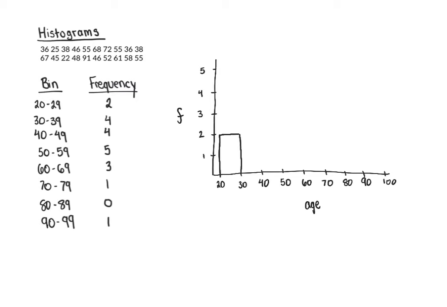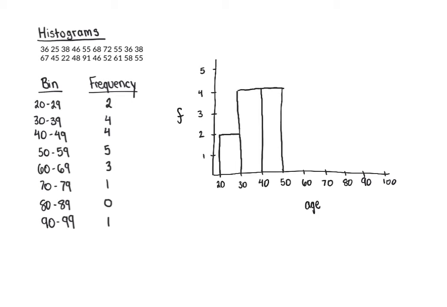What's very important to note about a histogram is that each bar must touch bars on either side, unless, of course, there's a 0 at that point, which we'll see in this graph. Let's go to the next bit for the 30s. This is a frequency of 4, so we'll go up to 4. The 40s also has a frequency of 4.